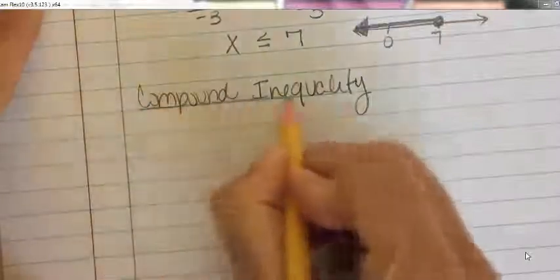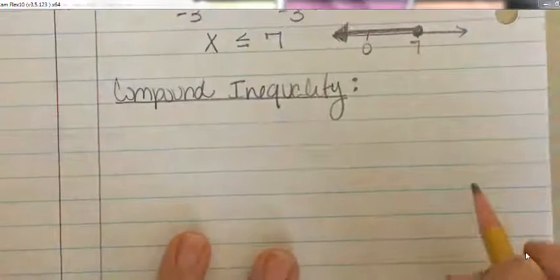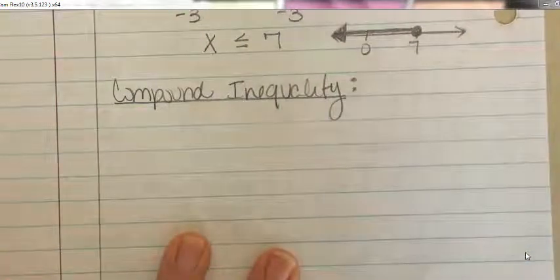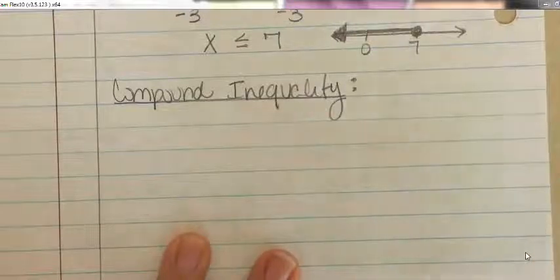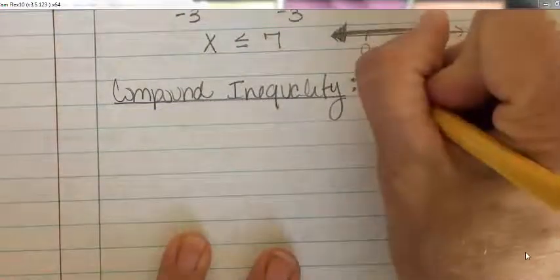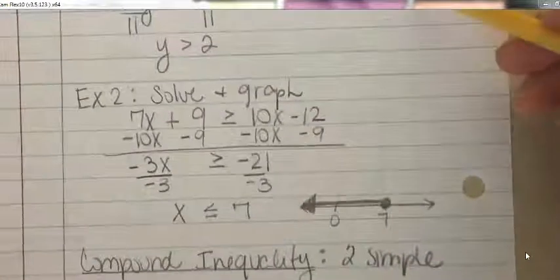Compound inequalities. So let's talk about compound inequalities. Compound inequalities are two simple inequalities joined by and or or. Two simple inequalities are just these types of inequalities where we've got one variable.